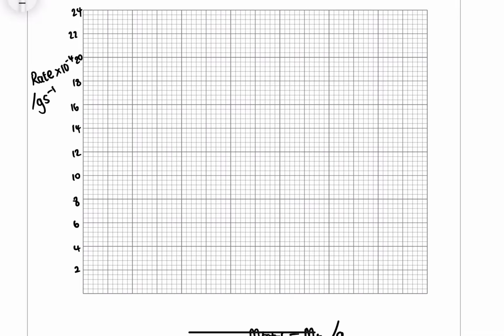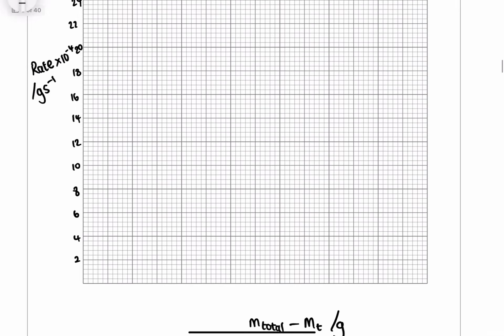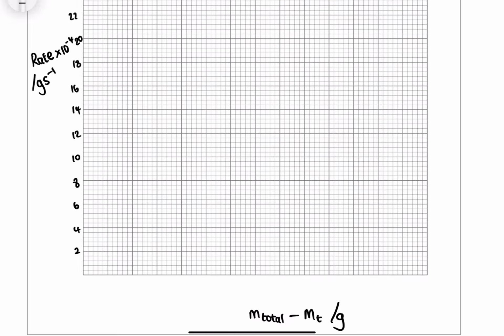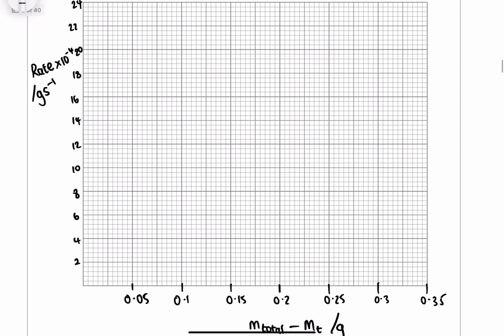You don't want to come up with a silly scale, so don't divide it completely up. I'm going to go 0.025s, but I'm just going to mark every second one, so they're 0.05s. So we can go 0.1, 0.15, 0.2, 0.25, 0.3, 0.35, and then we can plot our first point.